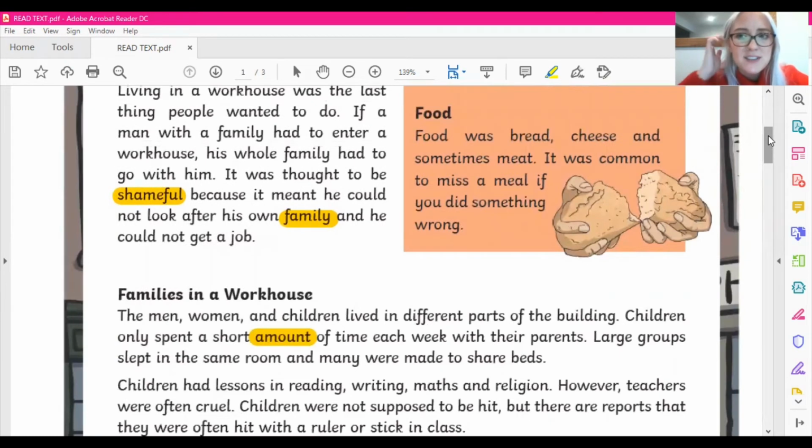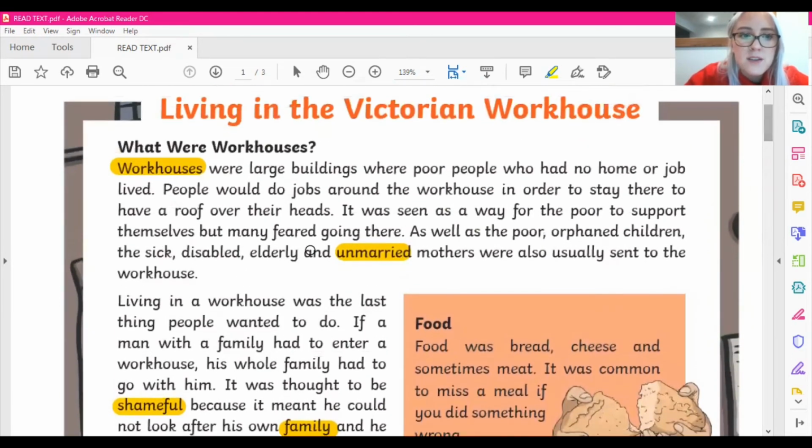Just a quick thing I wanted to add. When we're doing information text, the subheadings can actually help us with finding our answer. For example, we're trying to find if girls cooked. Sometimes if we look at the subheadings, it tells us what that paragraph is going to be about. For example, this one, what were workhouses? That paragraph is all about workhouses.